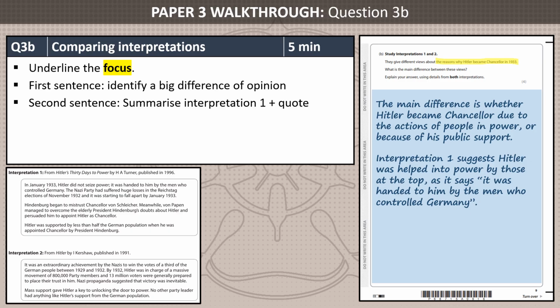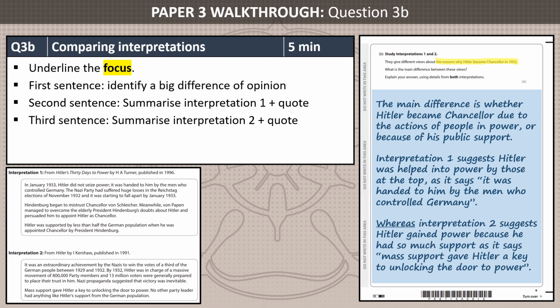What's the big view in that? And then we're going to give a short supporting quote from it. Then we're going to turn to the second interpretation and we're going to do exactly the same. We're going to summarise it and then we're going to give a short supporting quote. So actually we're only going to write 3 sentences on this question.